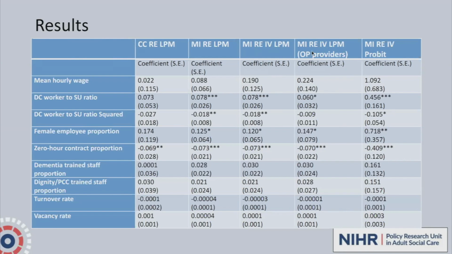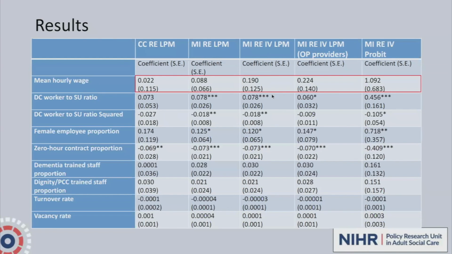And then in the fourth column, we look at the model when we just look at those registered to provide care to older people, as well as potentially registered to provide care to other people as well, but also definitely older people. What do we find? We find that the mean hourly wage does not have a significant effect on the likelihood of a higher quality rating, of being rated as good or outstanding.